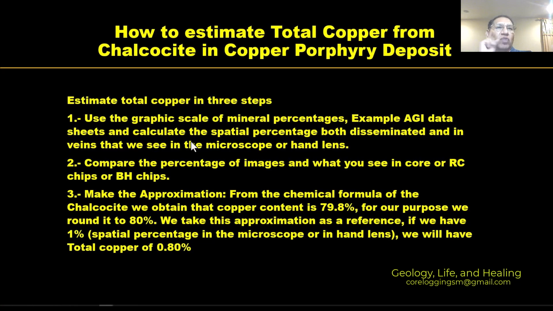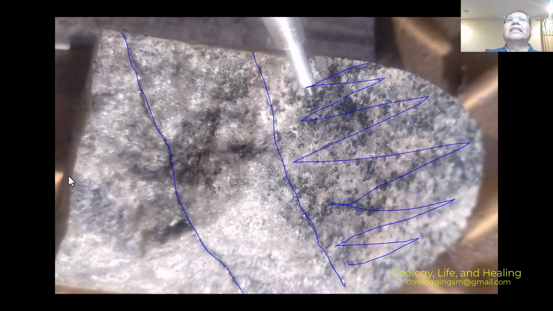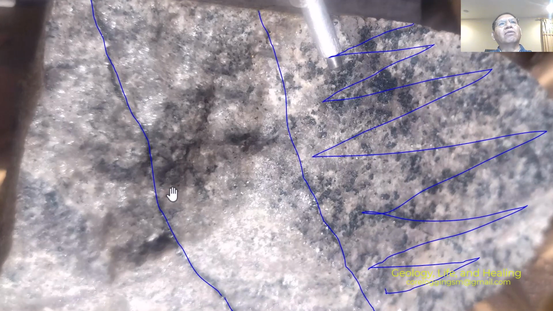If we have 1% spatial percentage in the microscope or the hand lens, the estimate will be 0.8%. So that's what we want to work with: in 1%, 80% of copper. That's going to work.